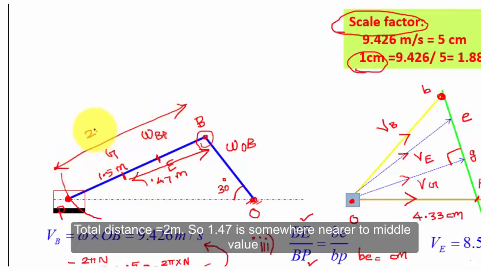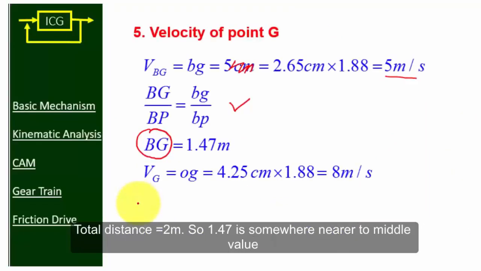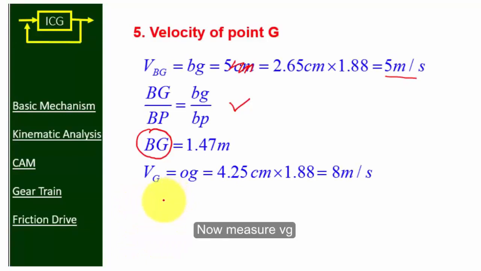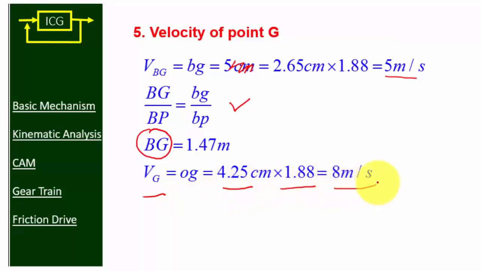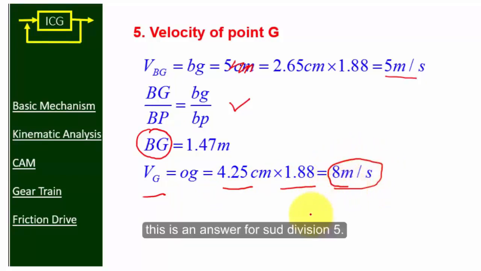So 1.47 is somewhere nearer to the middle value. Okay. Now measure VG. So VG 4.25 centimeter multiplied by 1.88 meter per second. This is the answer for subdivision 5.